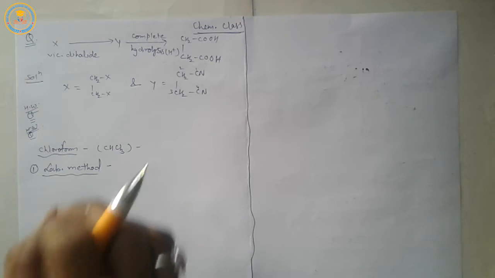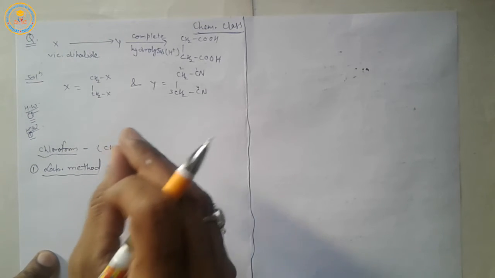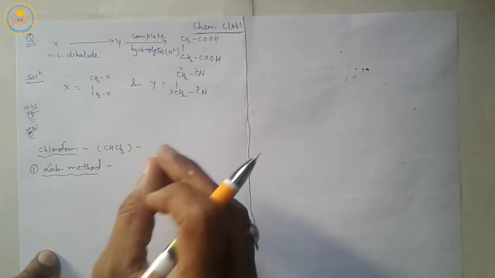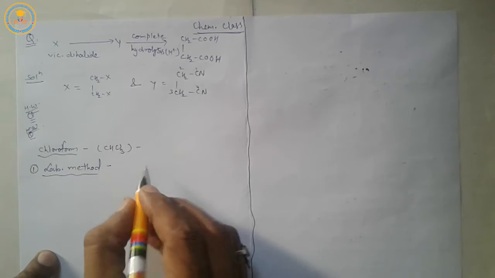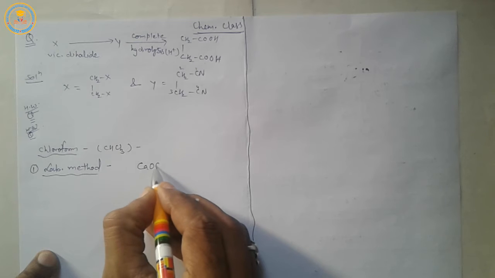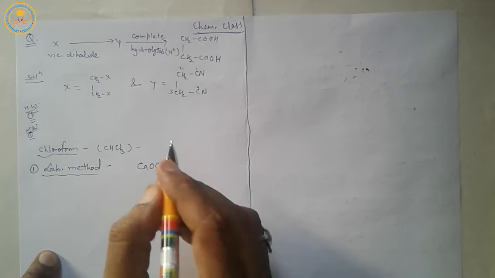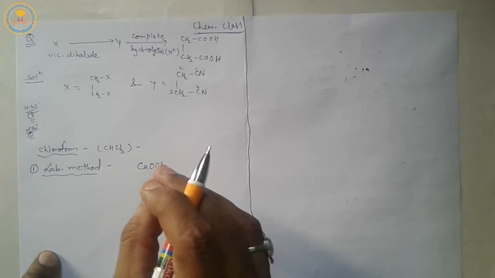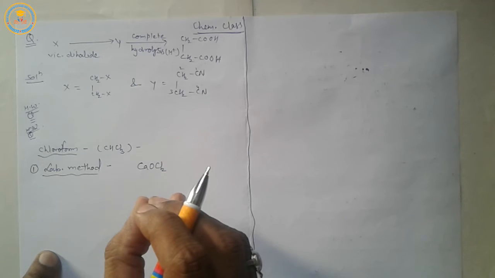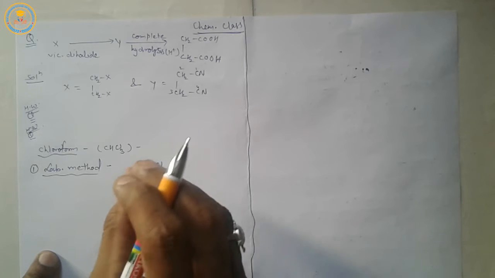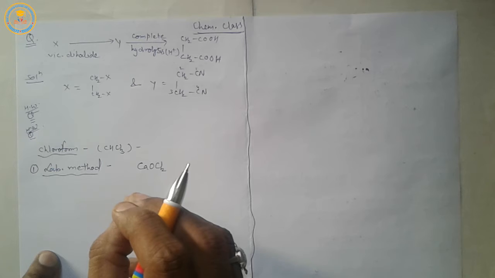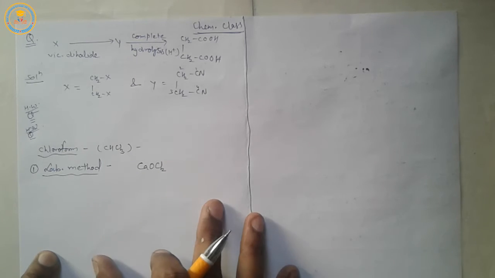In this method, when ethanol or acetone is treated with bleaching powder, CaOCl2, and water, then chloroform is obtained. It is known as the haloform reaction.